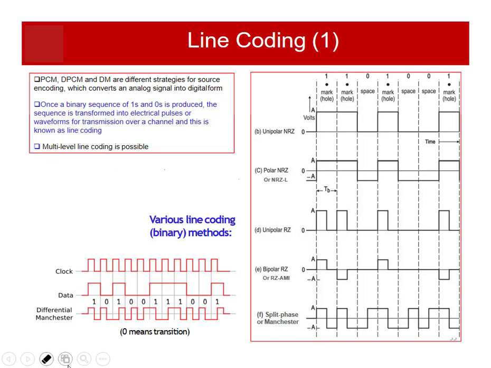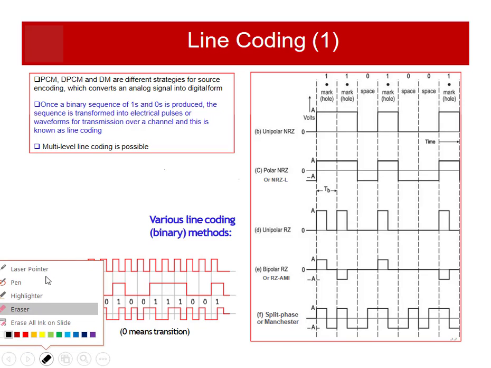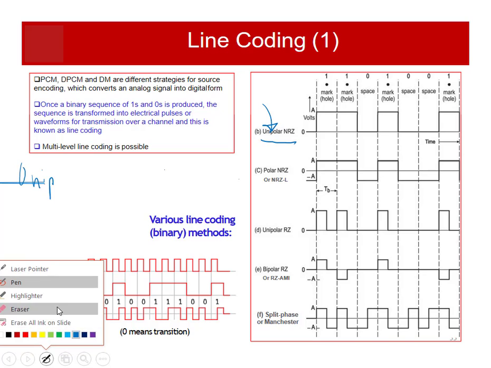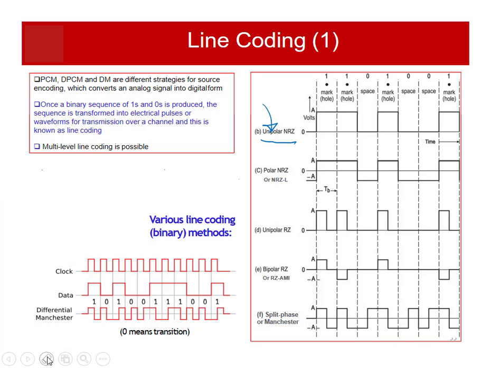So there are different types of line coding techniques. We'll start with unipolar NRZ. What we did previously is formally called unipolar NRZ. There are two words here. The first one is unipolar.